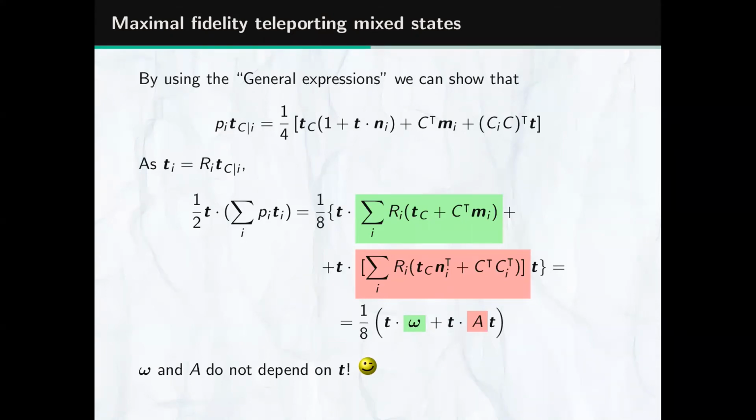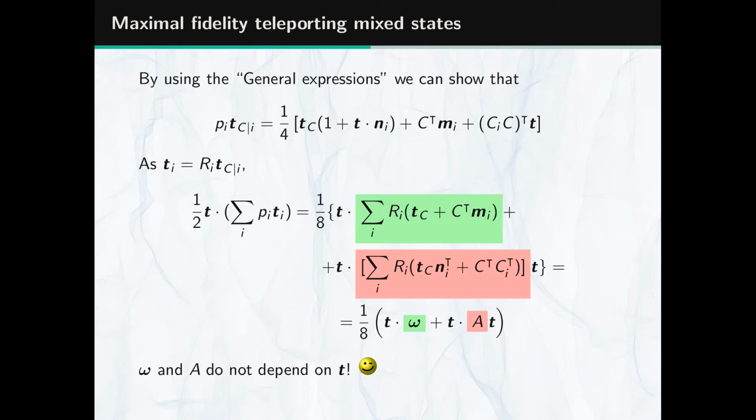And when you have this expression, you can apply now your unitary operations or your rotations, and your scalar product can be written as follows. And the good news is that here we haven't T, and neither here. Sorry, so A is just this matrix.